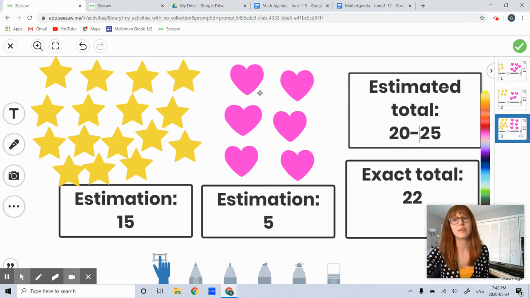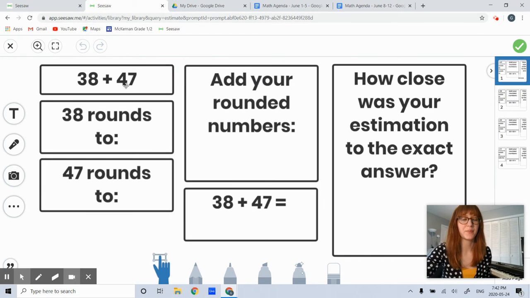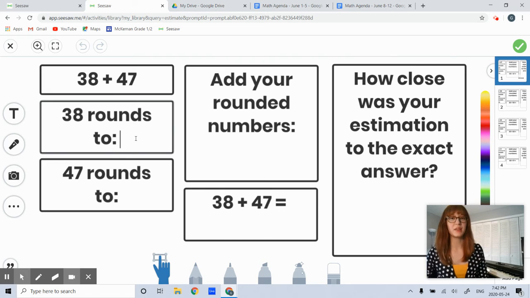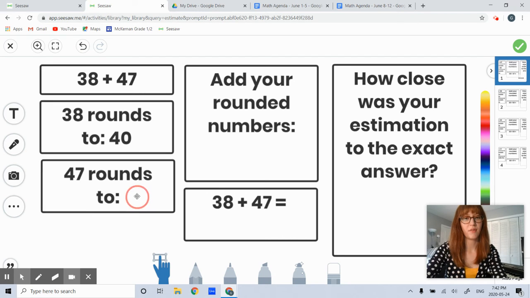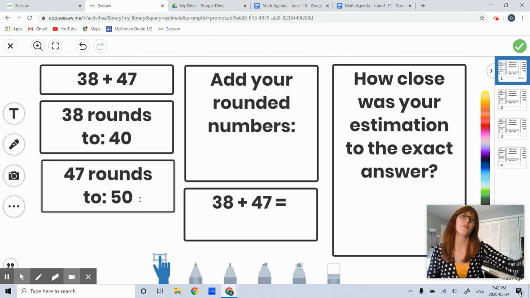Now, let's look at some numbers that are a little bit bigger. Let's try this equation. 38 plus 47. 38, we're going to round it to the nearest 10. 38 rounds to 40. 47 rounds to 50. 40 plus 50.